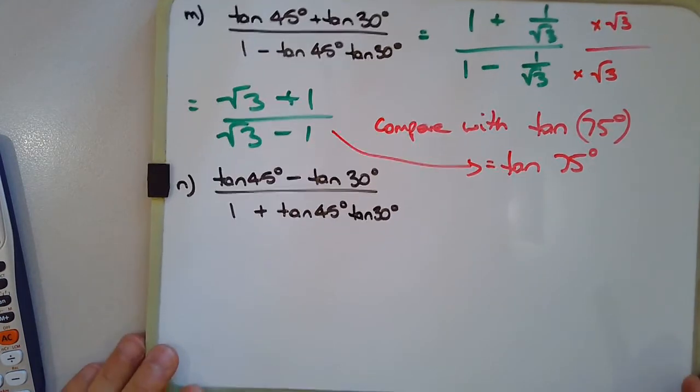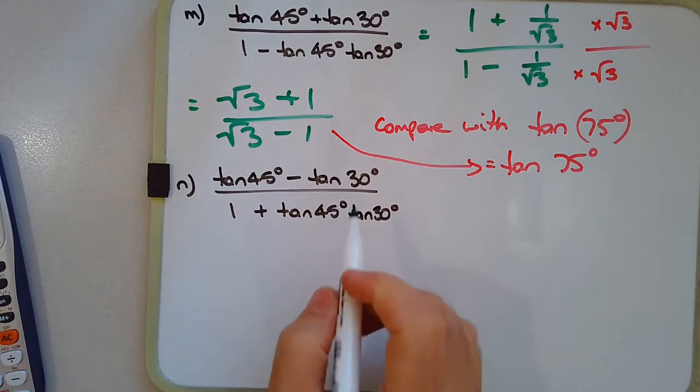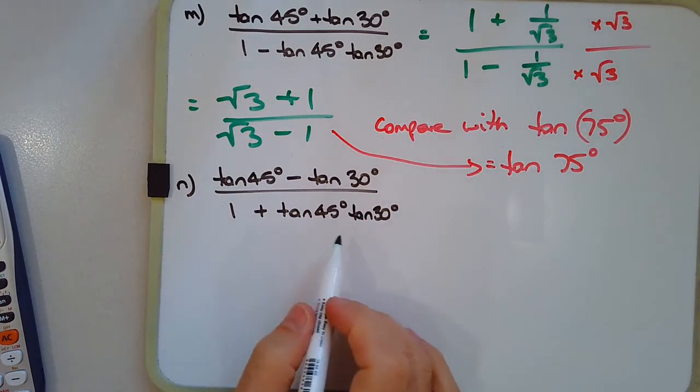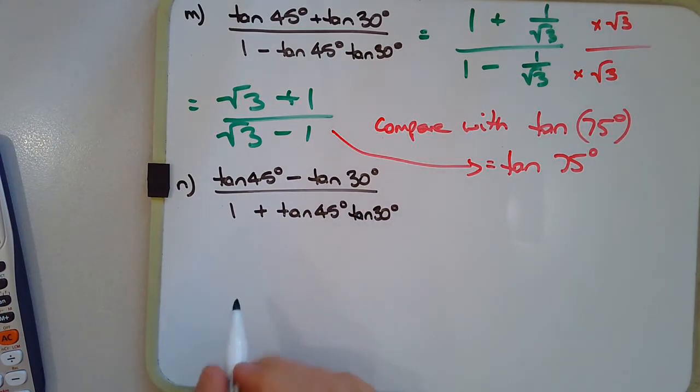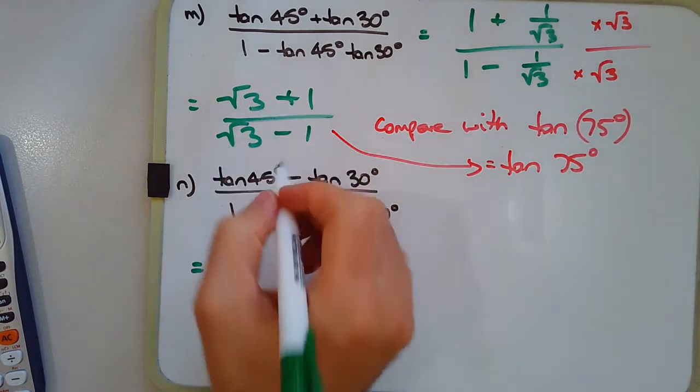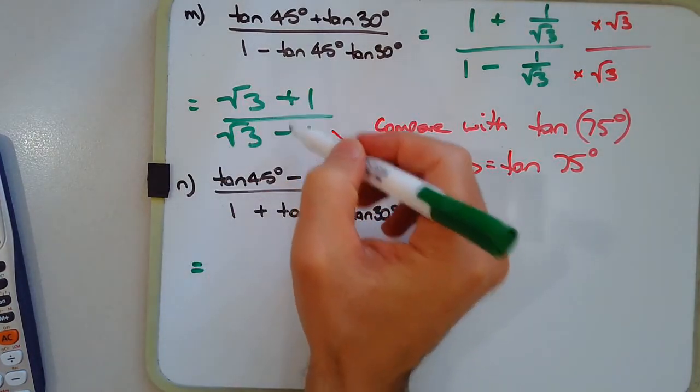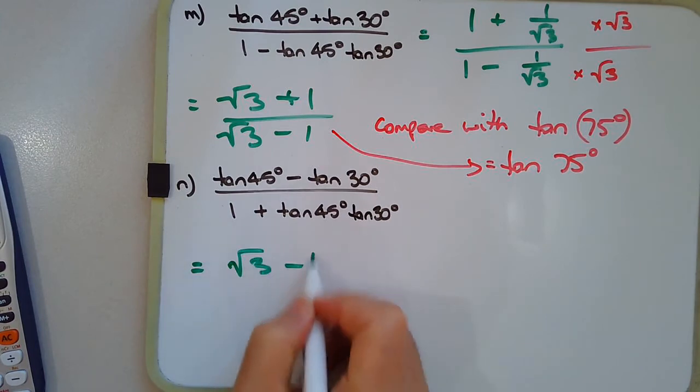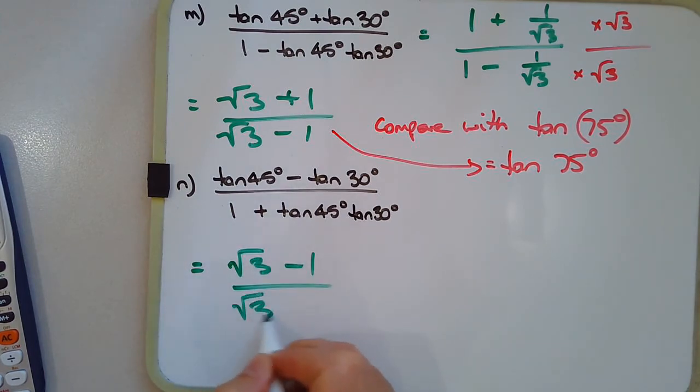And the last one, tan of 45 minus tan of 30 over 1 plus tan 45 degrees tan of 30 degrees. Same deal. Instead of having plus and minus on top, I'm just going to swap them around. So that's just root 3 minus 1 over root 3 plus 1. And guess what that is?